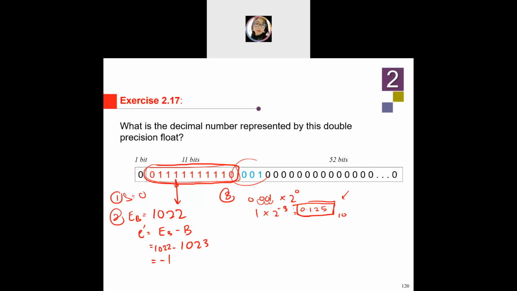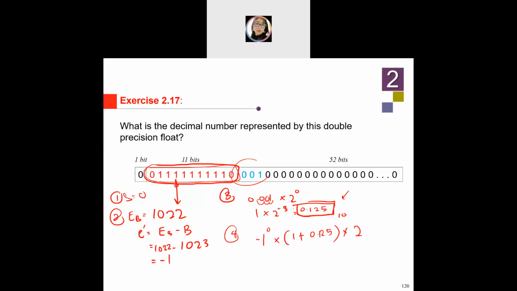After that, we have already get this. We going to apply it into the equation. -1, our sign is 0. Times with 1 plus 0.125. Times to the power of E prime, isn't it?